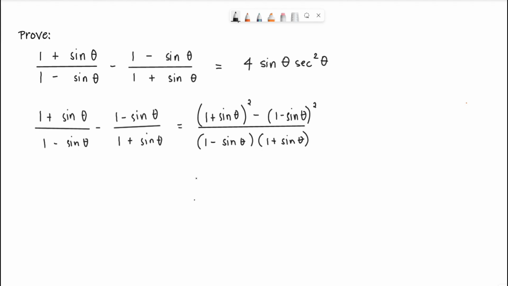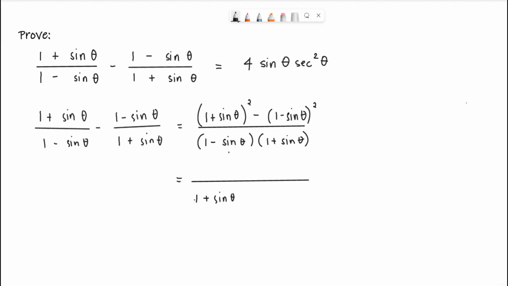Next, let us expand and simplify. Multiplying 1 minus sine theta times quantity 1 plus sine theta, we will first have 1 times 1, we will have 1. Next, 1 times positive sine theta, we will have positive sine theta.